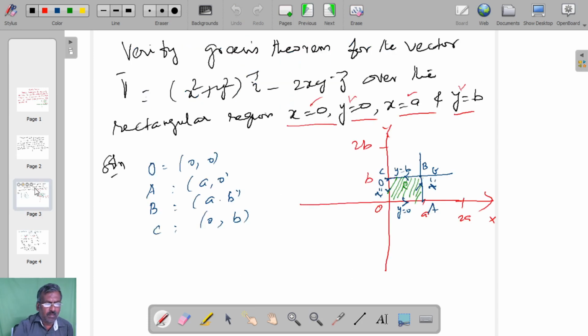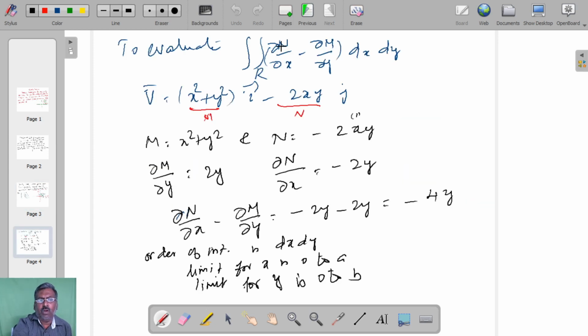See this one, x varies from 0 to a and y varies from 0 to b. So for this region, now we are going to find this integral of dou n by dou x minus dou m by dou y into dx dy.